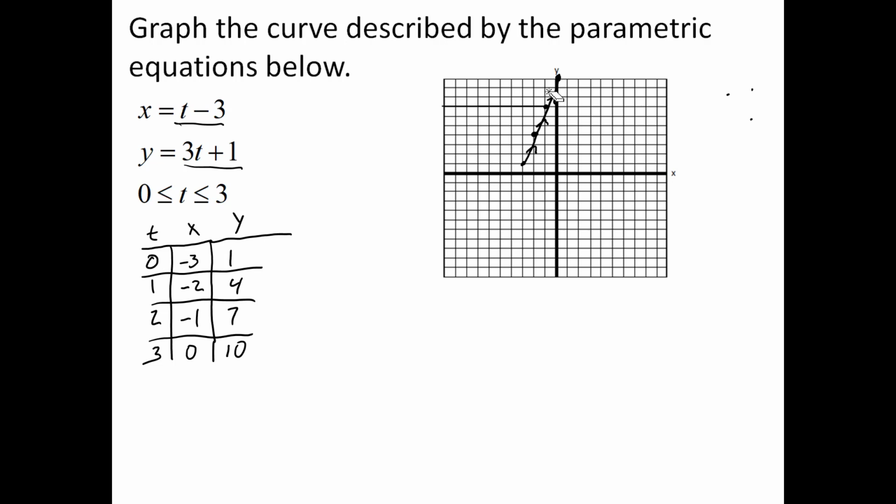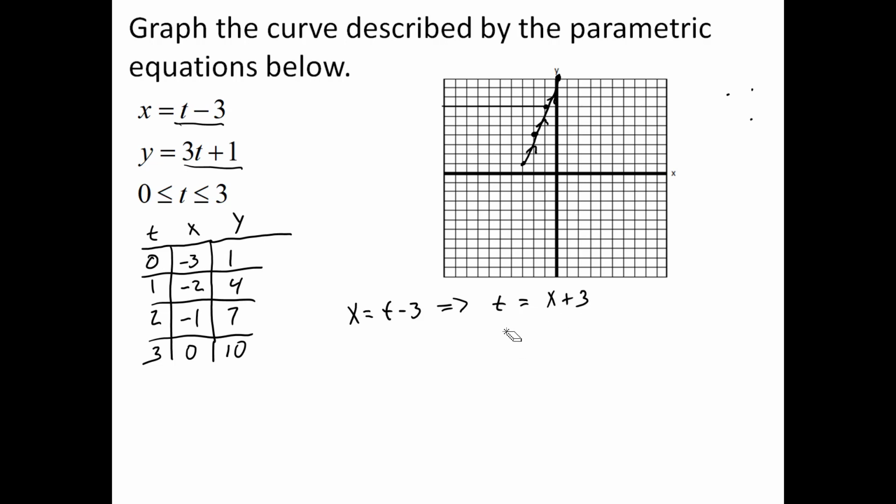Both the x and the y are linear, so it shouldn't be a surprise that the graph is a line. But another thing you can do is eliminate the parameter. The top formula tells you that x is equal to t minus 3. You can then add 3 to both sides to get t is equal to x plus 3.